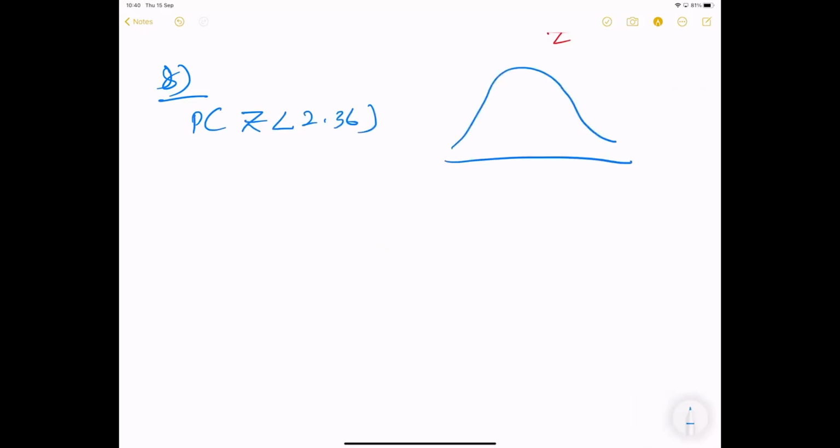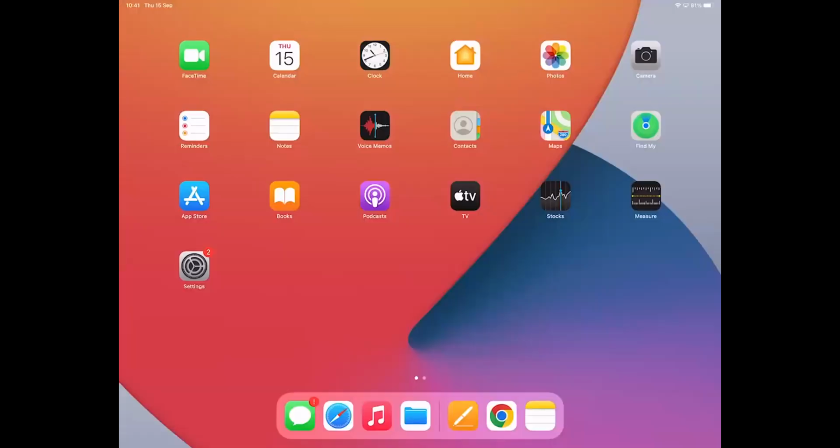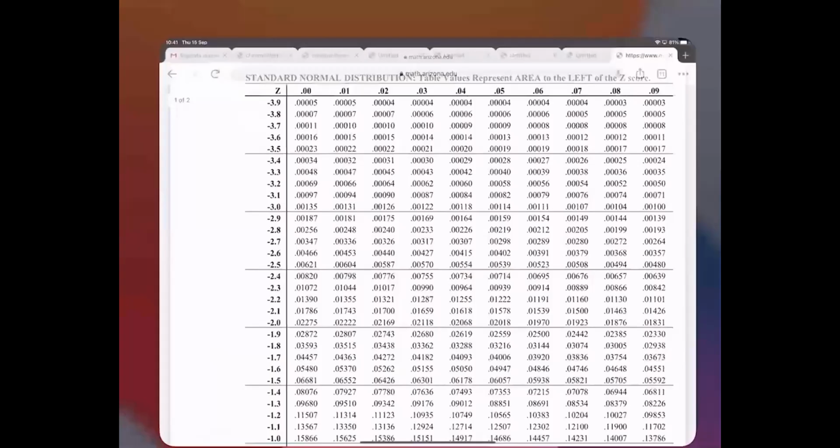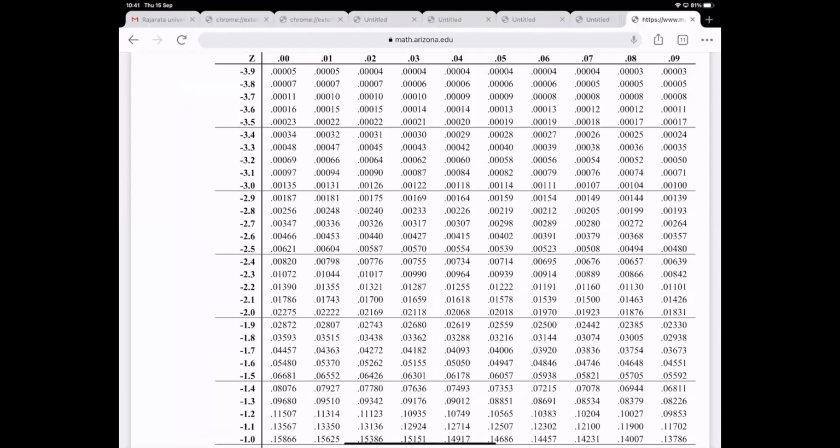It is easy to draw a graph. Use graphs, then you can simplify the answer. For 2.36, we want to find this area. We have the left-sided area in our graph as well.